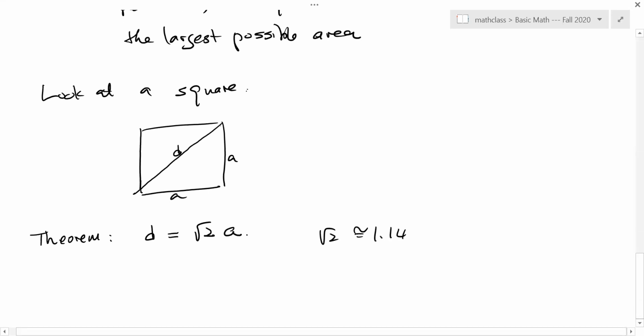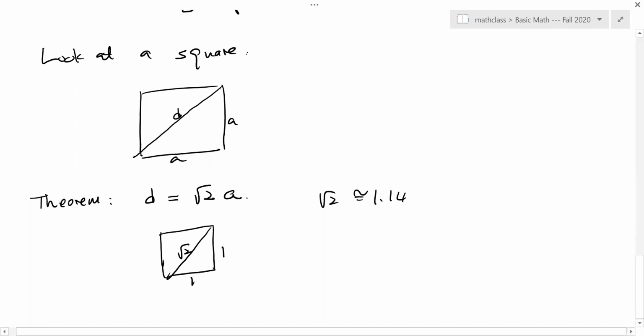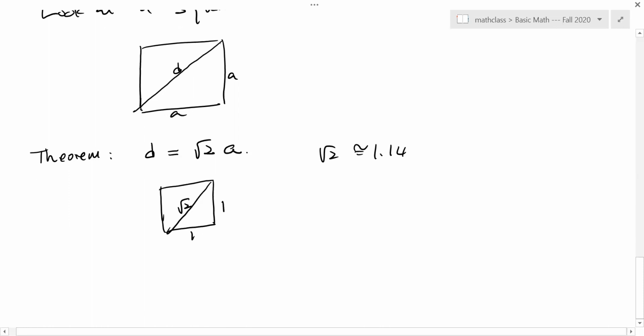So this is a special number. If this side is 1, this side is 1, this side is square root of 2. We're not starting rectangles, but I just tell you this is the length of the diagonal. So that's the relationship.